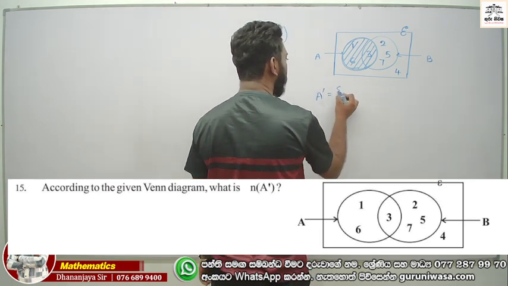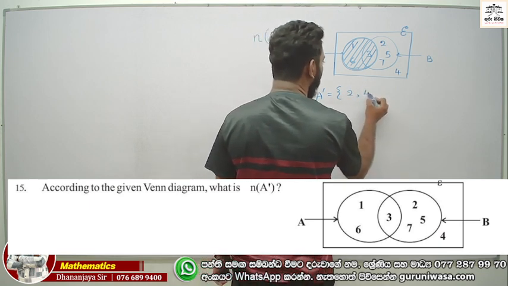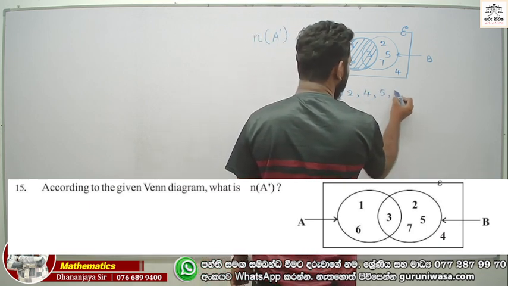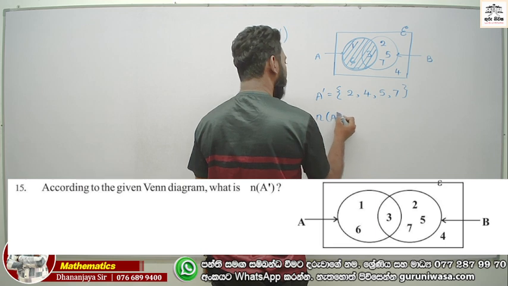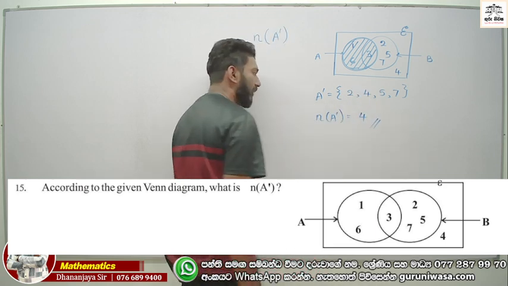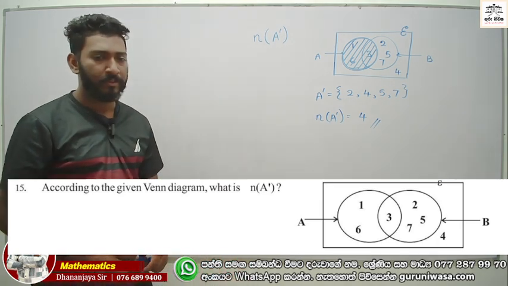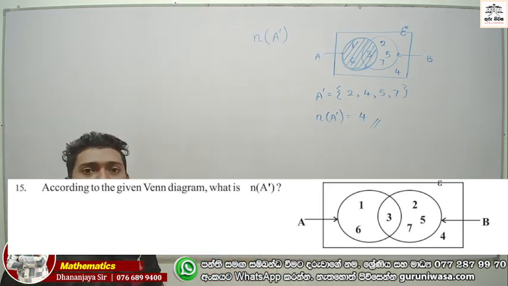Now tell me the elements of A dash. 2, 4, 5, 7. Now tell me, what is the value of n(A')? 1, 2, 3, 4. There are 4 elements. Therefore, the answer is 4. That's very easy.